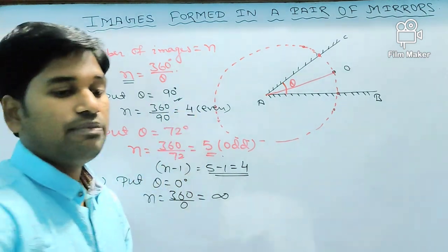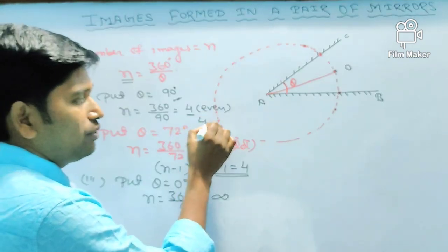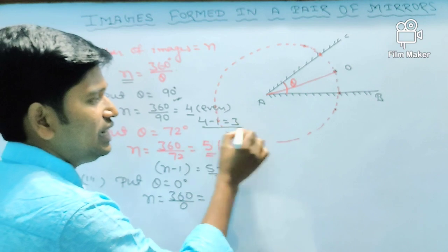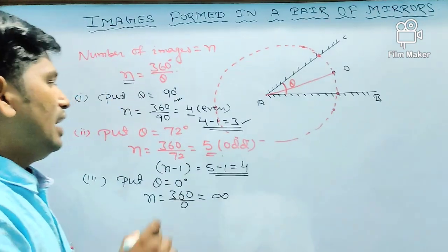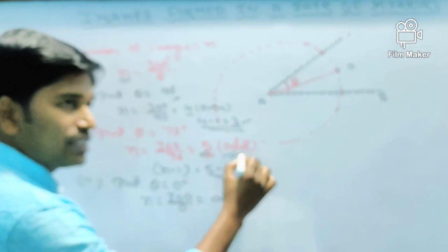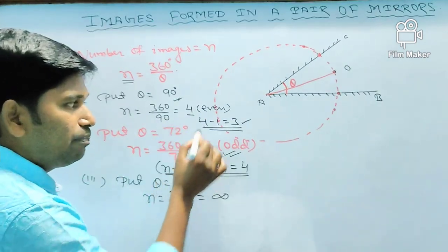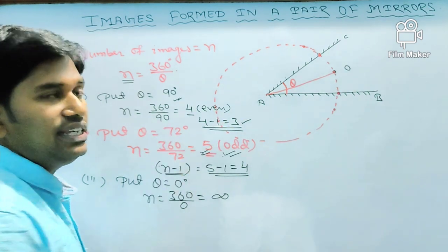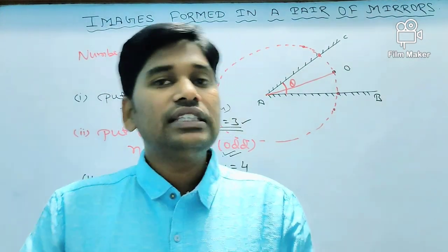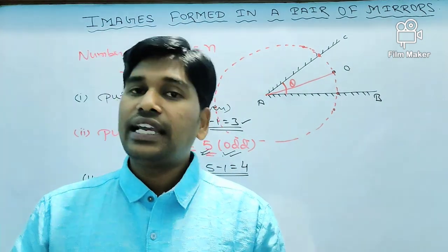So the number of images will not be 4. If it is even, then the number of images will be 4 minus 1, that is 3 images will be formed. And if it is odd, then exactly 5 images. But if it is symmetrical, then again we will use the previous formula, that is n minus 1. So this is all about the images formed. Thank you students.